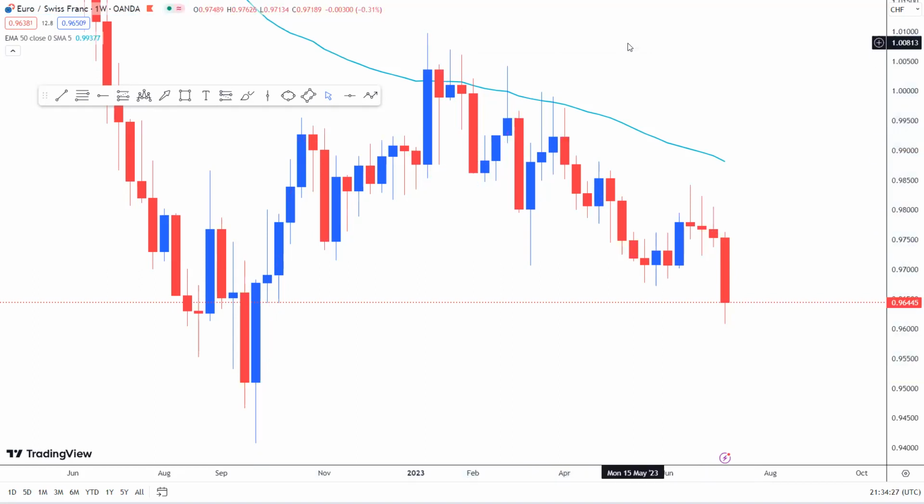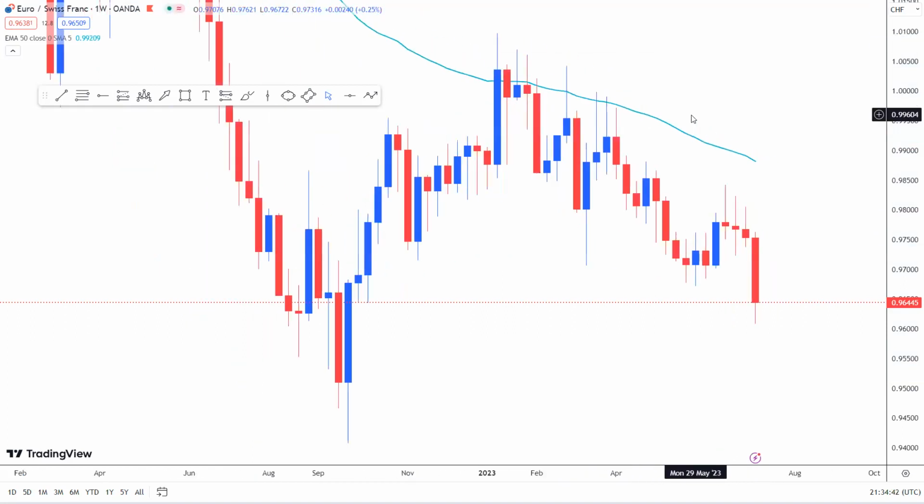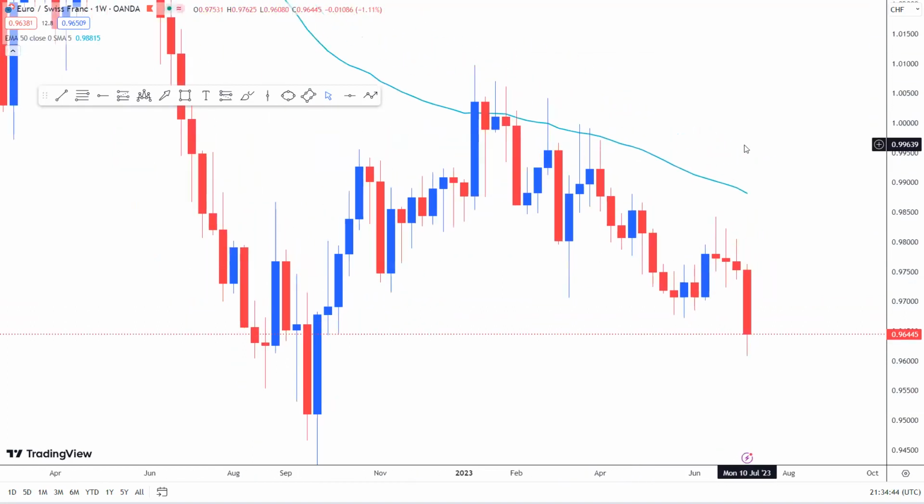So very clearly, we have the market direction to the downside. As you can see from the weekly time frame, the market is in a downward trend. Safe to be looking out for what? Selling opportunities only.